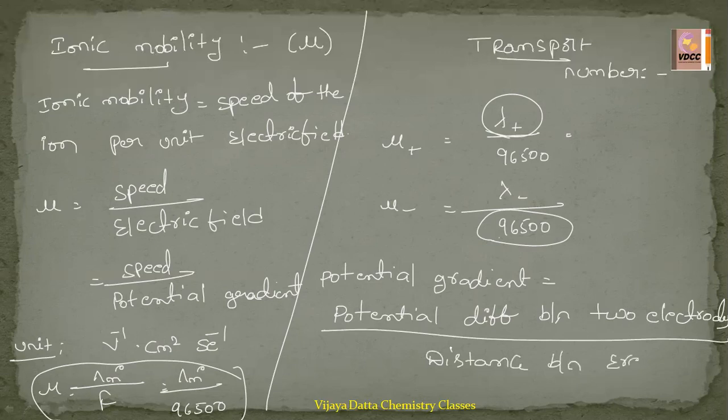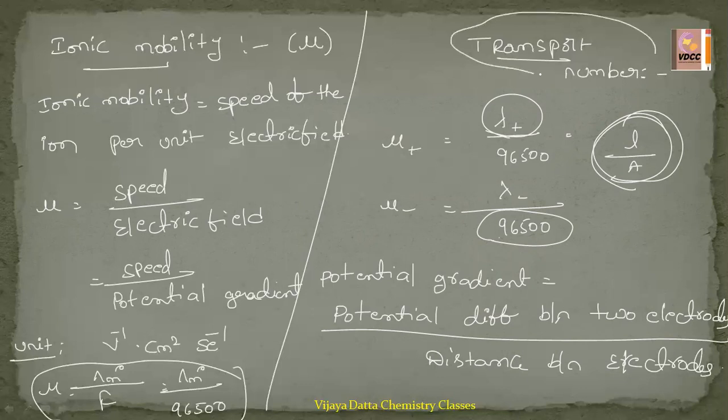Already we discussed this. The distance between the electrodes and the area of cross section give the cell constant, l by A, but here we are studying it as a potential gradient. This is called cell constant, and here it is called potential gradient in case of the ions, because in ionic mobility we are talking about the ions. This is about the ionic mobility.